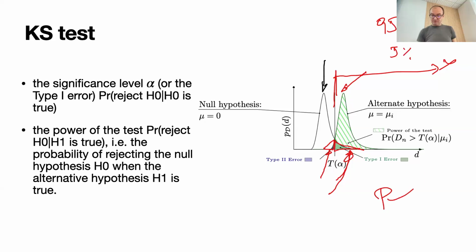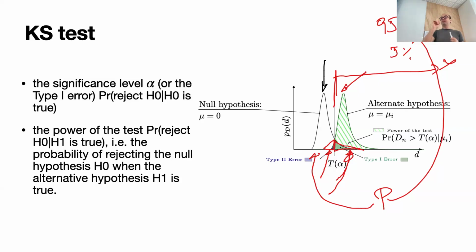And if the p-value is beyond the threshold, then it will say, I can reject the null hypothesis. It means that the sample we are looking at doesn't come from the same distribution. If it is below this threshold, it says I cannot reject the null hypothesis.